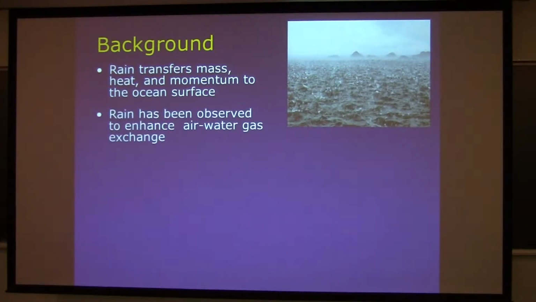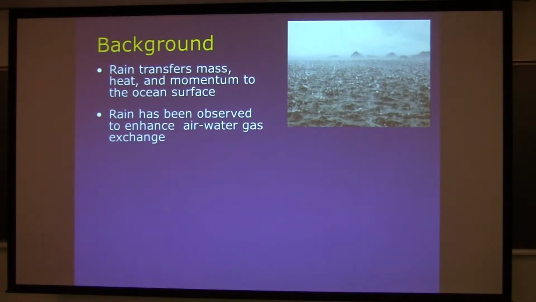When it does, rain has been observed to enhance the air-water gas exchange. The series of experiments that have shown this have all, generally speaking, been completed on a still water surface. There was a large series of experiments on fresh water, and a couple of tests on salt water, but they've all been done on a flat water surface.